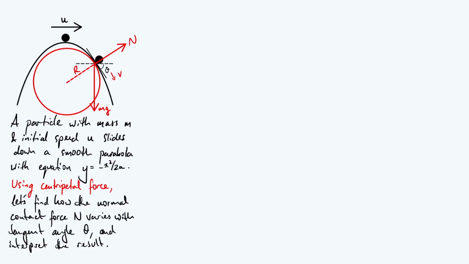Now, because we're going to consider centripetal force, we're going to need to resolve the weight mg along the direction of the radius, which means we care about this angle here. This angle is in fact just the same as theta, the tangent angle. A nice way to see why that is: note that this angle here is theta. Then you compare this dashed horizontal line with this vertical weight line. That's just a rotation of 90 degrees, right? You rotate the dashed line by 90 degrees to get to the weight.